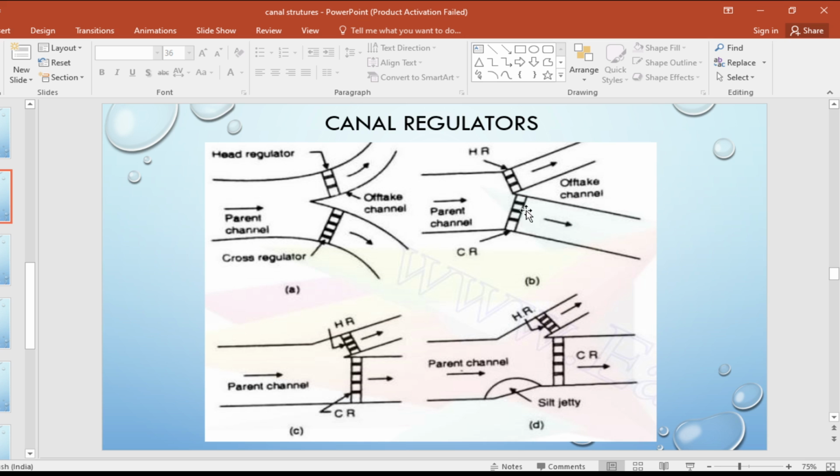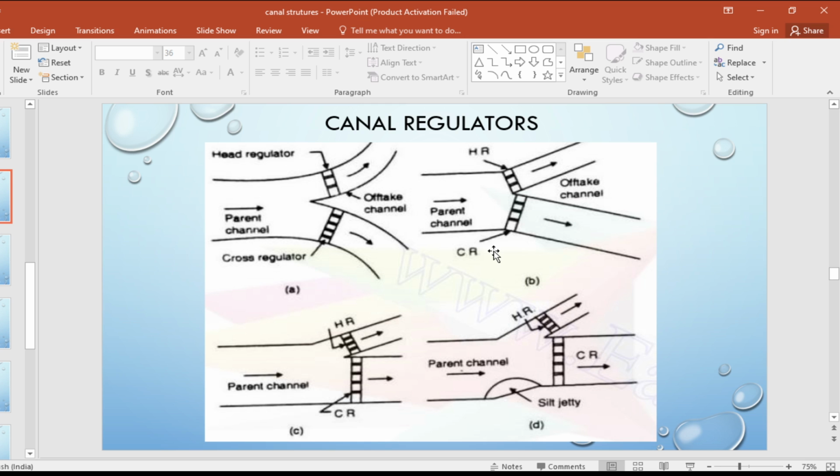Both the channels should make an angle with the alignment of the parent channel upstream of the offtake. Here they have provided the angle with the alignment of the parent channel at upstream.